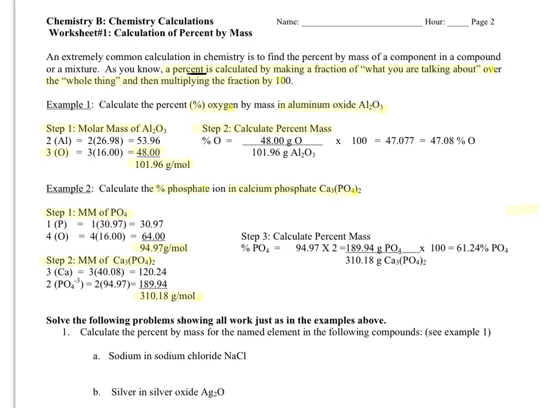You're going to count up the total number of students. You're going to count up the number of girls, and then divide the number of girls by the total number of students. And then to make it a percent, not a decimal, you're going to multiply by 100.